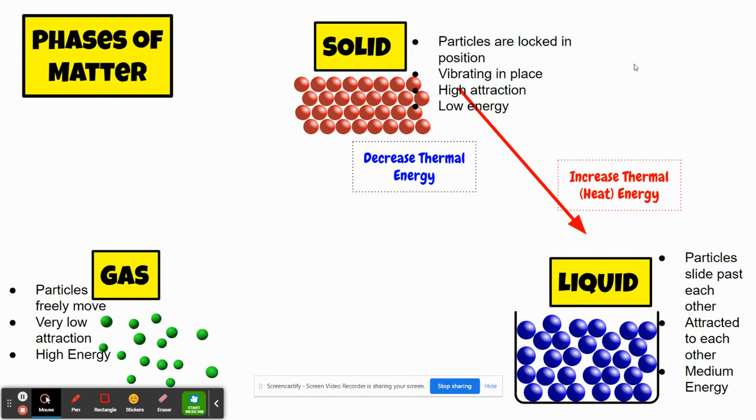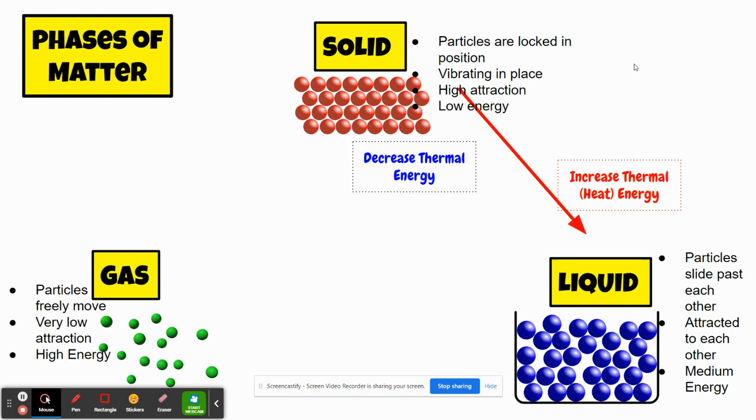You're going to add heat energy to it. When you add heat, that is going to make the molecules more excited. It's going to give them more energy, and they're going to move around more.